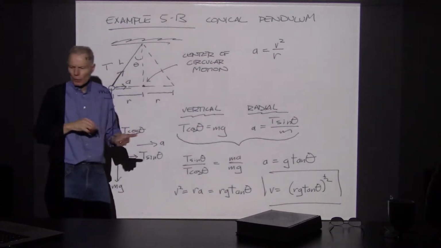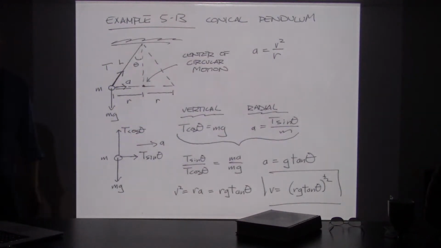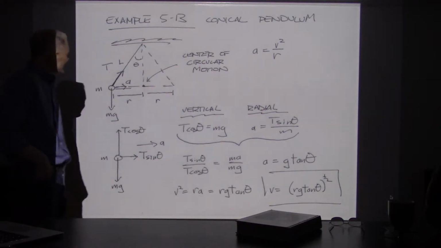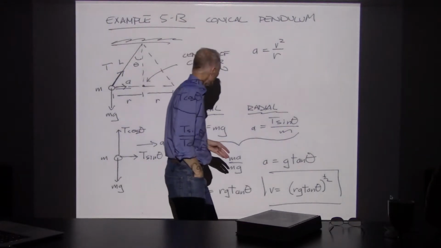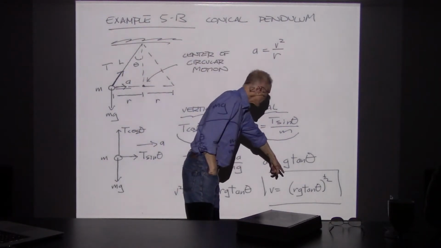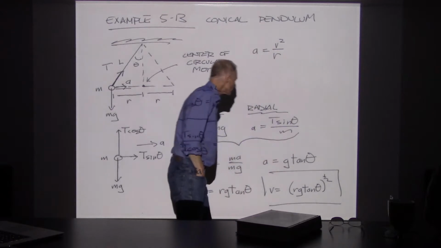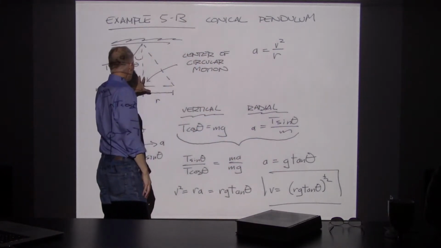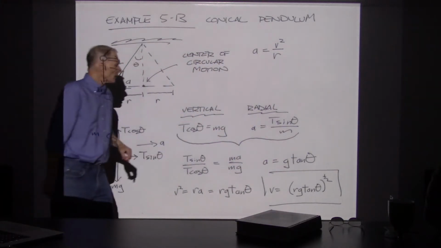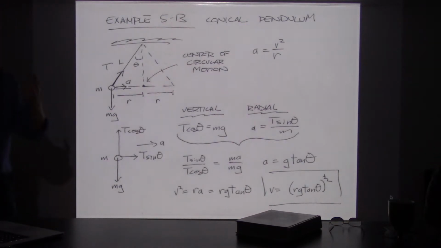And again, this is one of those where you step through it. This is my recommendation. Step through it one step at a time and tell yourself what you're doing at each step. Sometimes what happens is students say, oh, the answer on this was the square root of r g tan theta, so I'll just write that down. Here's my diagram, that's the answer. But they don't know the steps, they don't know the reasoning that goes between that.